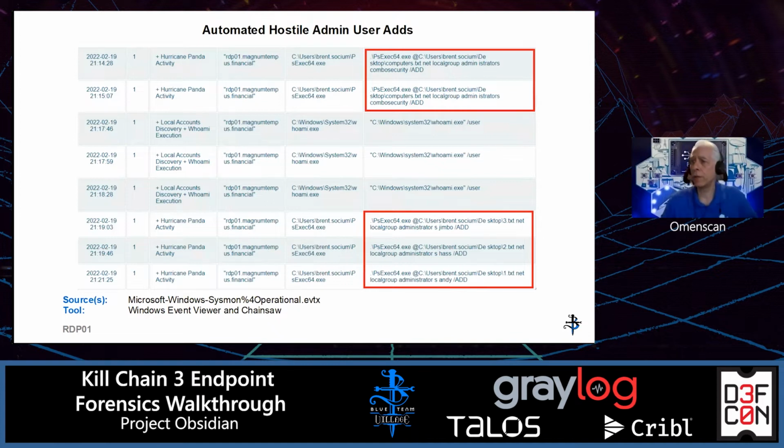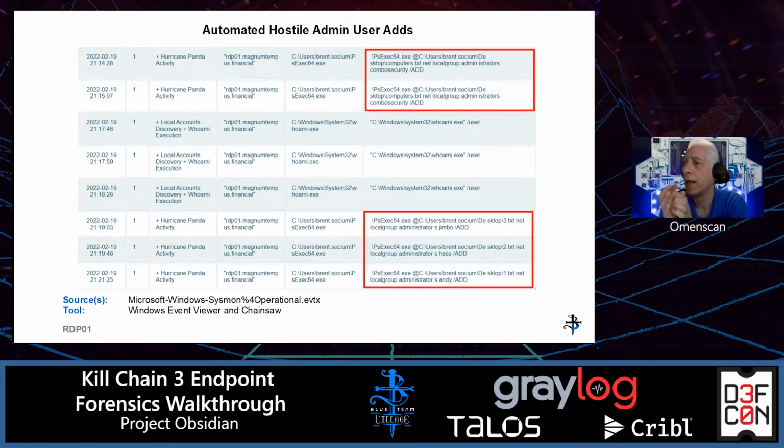Again, we mentioned earlier that these files found on this desktop, computers.txt, 1.txt, 2.txt, and 3.txt, were used to automate PowerShell to add hostile user IDs to the administrators group. And here we see that evidence in the Sysmon logs, again, extracted using Chainsaw and formatted using ACH report.